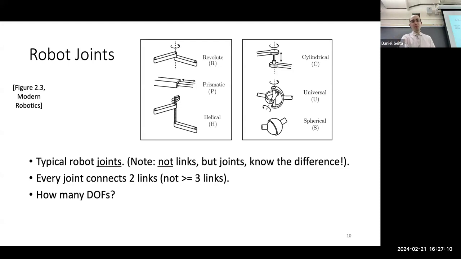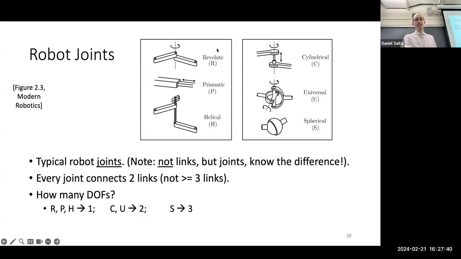So we talked about the revolute joint, and then there's the prismatic joint. How many degrees of freedom? Yeah, it's also one. What about the spherical joint? It's a little bit tricky to see. I think it's easier if you see an animation of how that joint works, which I have in the video that I'm going to show next.